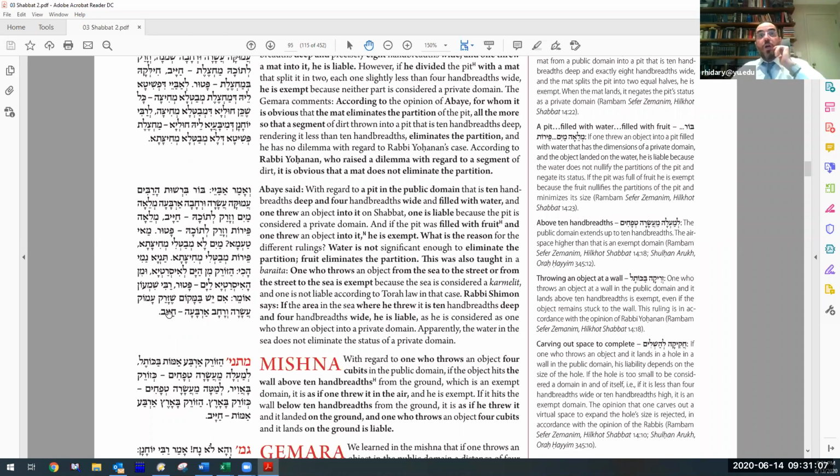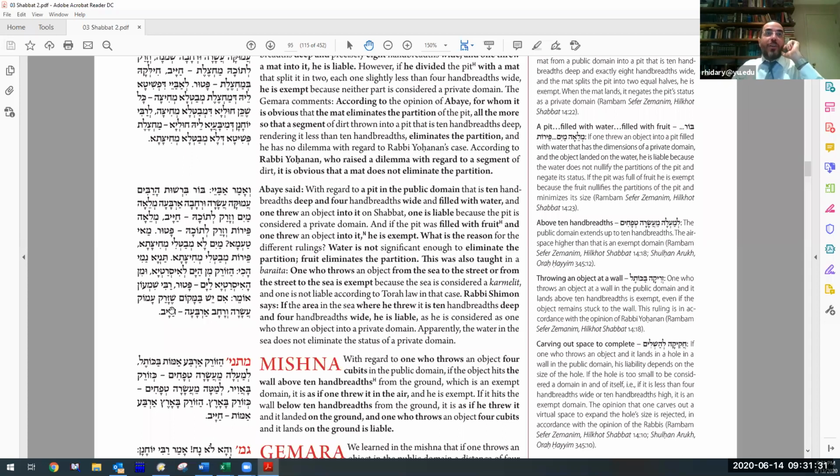If you go all the way down to the bottom of the seabed, and on the bottom of the seabed you find that there is a hole down there that is 10 tefachim deep under the ground and 4 by 4 wide, then that's considered a Reshut HaYachid, even though it's all the way at the bottom of the ocean. Right? Why?